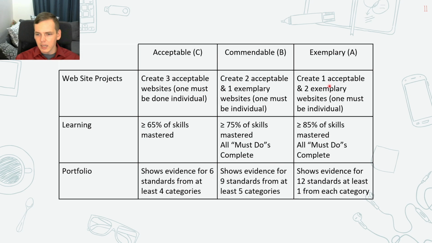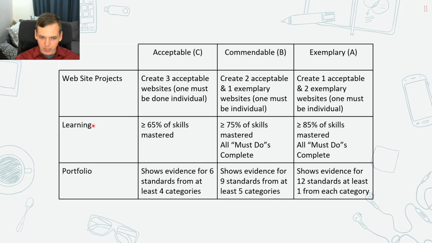And for an A, 1 should be acceptable and 2 should be exemplary. If you have all 3 exemplary, great. But there's a little bit of breathing room where you don't have to get everything absolutely perfect. There will be some opportunities for group work, but in each case I want you to complete at least 1 individual website where I can see your skills on your own.